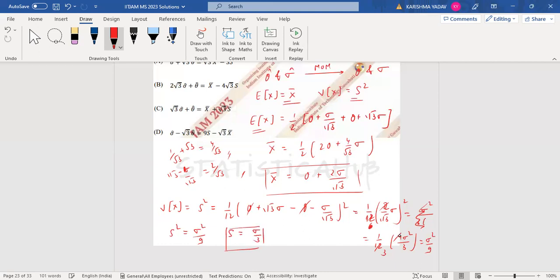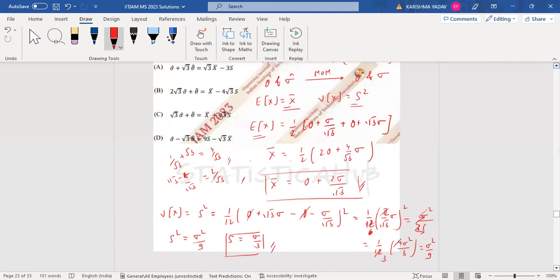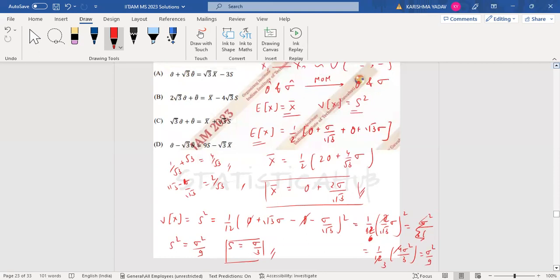So I have got my x bar and my s in terms of theta and sigma. Now we have to check which one of these four options is correct. We simply put the values of x bar and s in these terms to get the result. If we get the corresponding results that are written, then the statement is true.